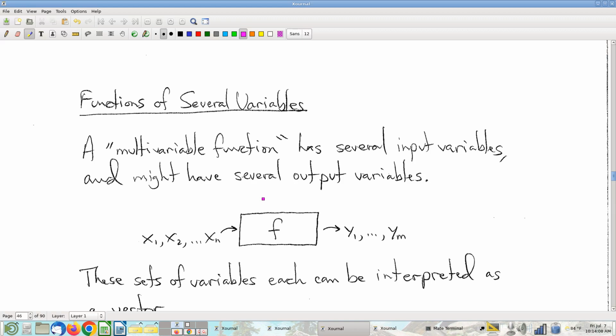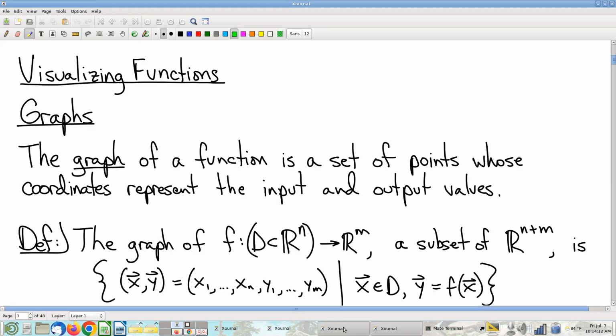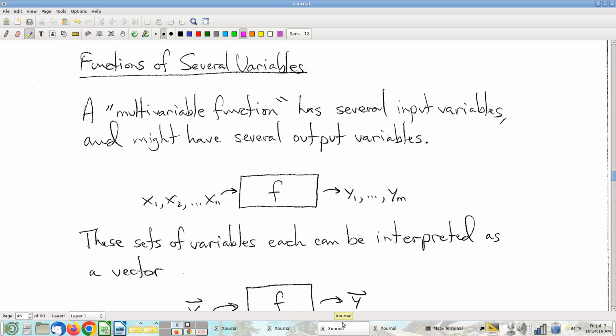So let's see here. Let's talk about functions of several variables. Am I on the right page? Yeah, okay, good. Functions of several variables. And we've talked about equations of several variables. Quick little aside. One of the things that you're going to notice becomes really important in this class, more so, I think, than in previous math classes you've probably taken, is terminology.